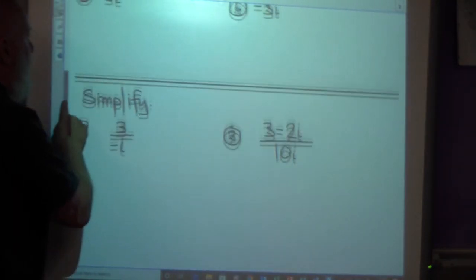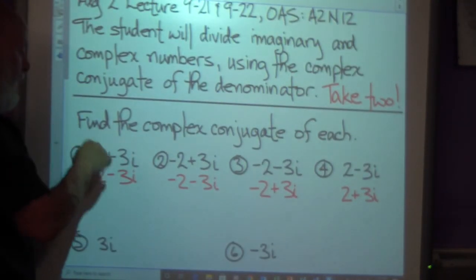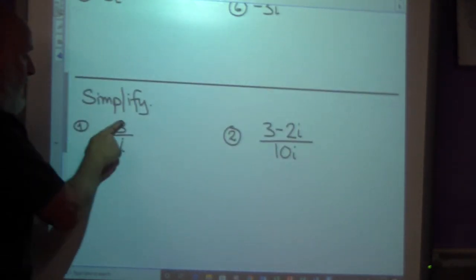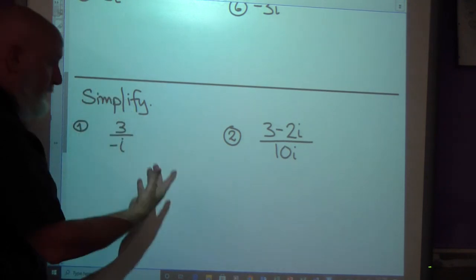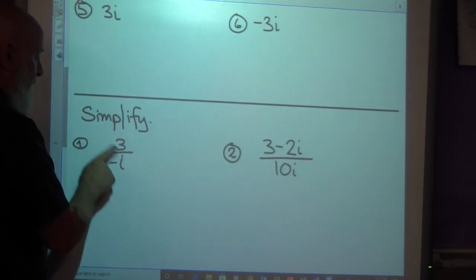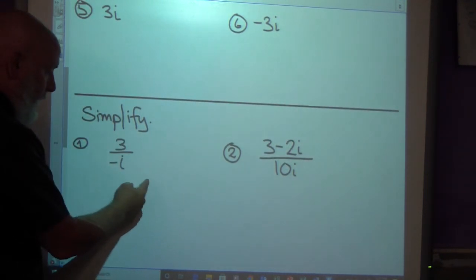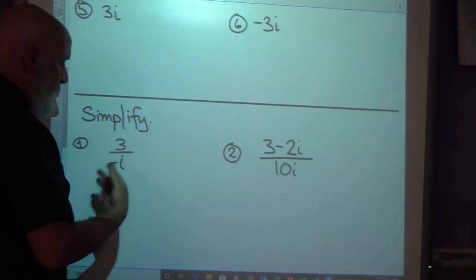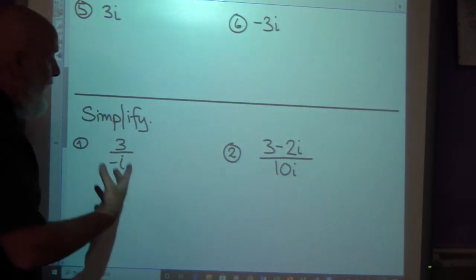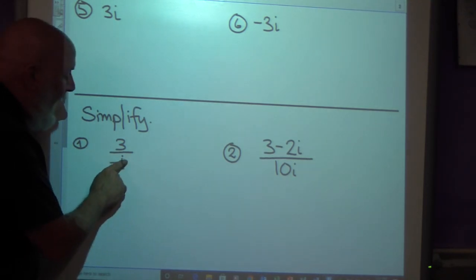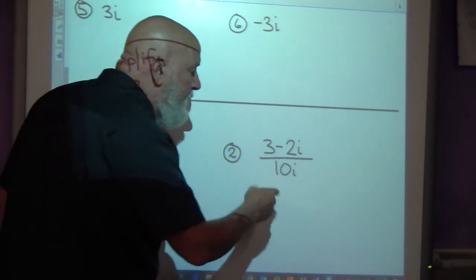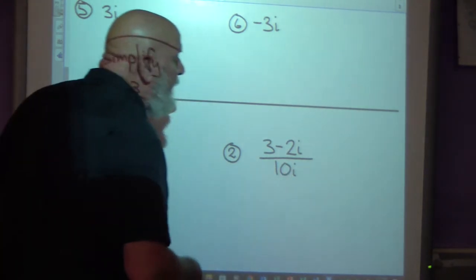And the way we do that is to multiply the numerator and the denominator by the complex conjugate of the denominator. So we're going to find the denominator, take the complex conjugate of it, and multiply the top and bottom, the numerator and the denominator, and that will make the fraction such that it won't have an i in the bottom. It won't have an imaginary number in the bottom of the fraction.